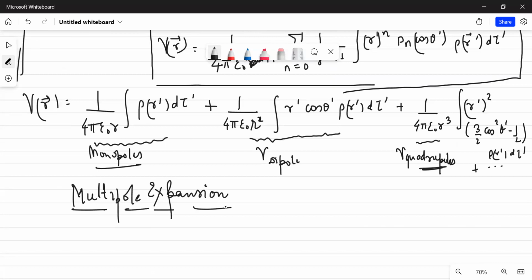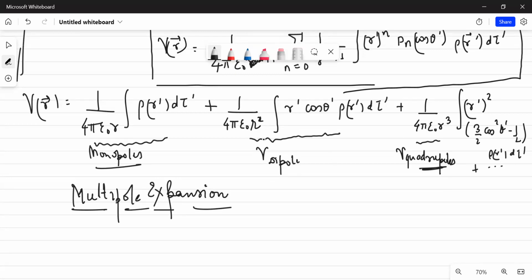Or is that not clear? Clear there. Okay, so in any case, you can see that your potential is proportional to 1 over r cube here for quadrupole.